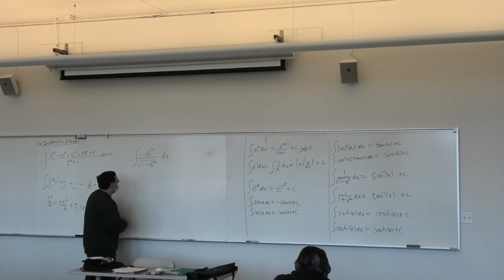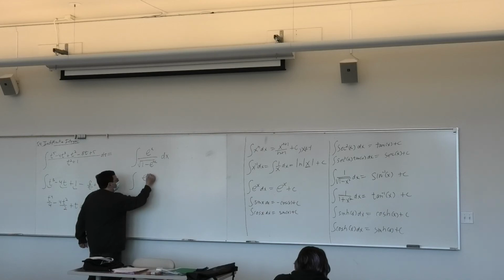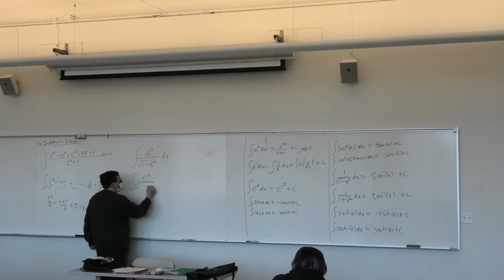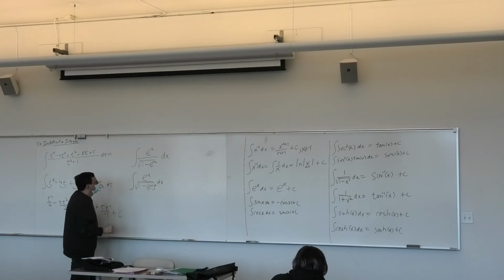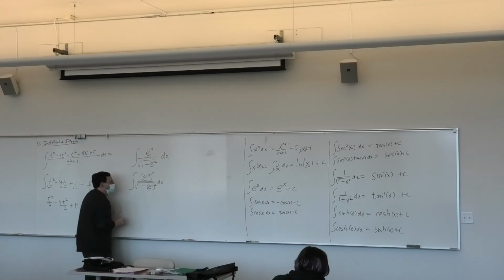If you haven't seen it yet, you might want to note that e to the 2x is really e to the x squared. And you might note that e to the x is also the derivative of e to the x.